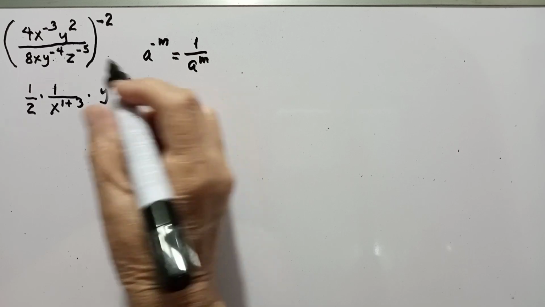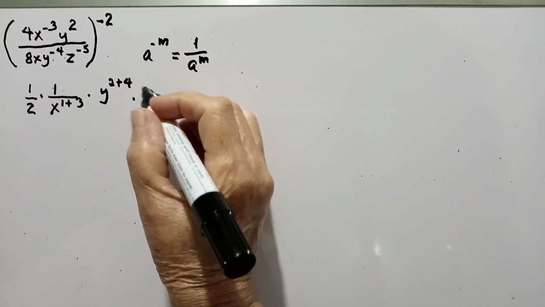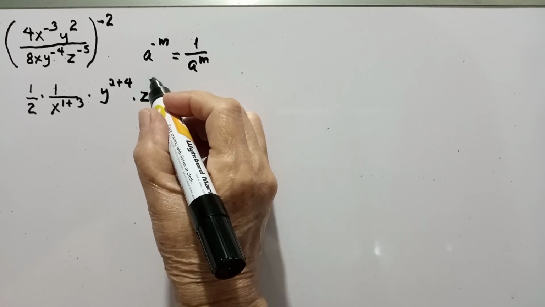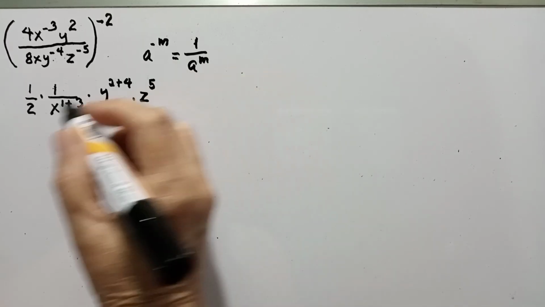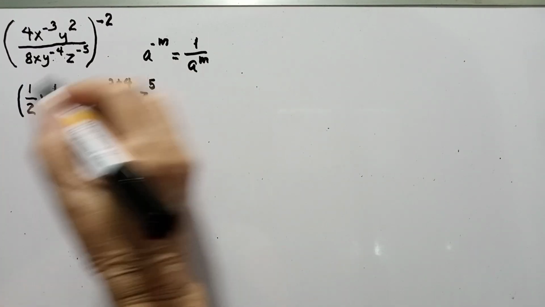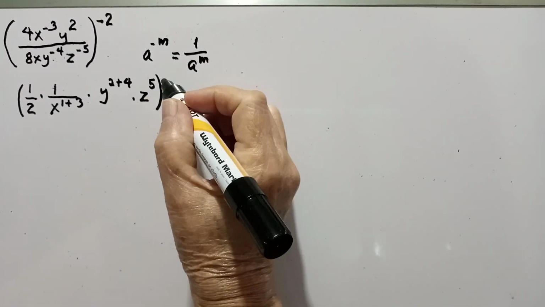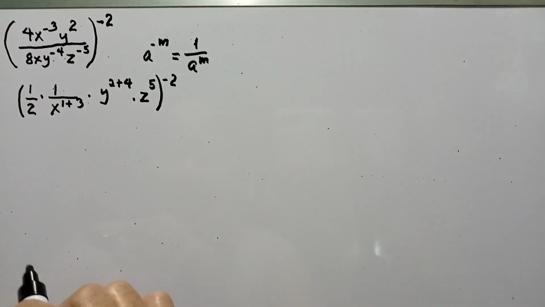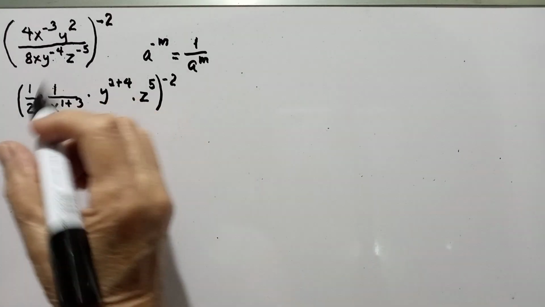And then times, this is negative, so we have z to the positive 5, quantity raised to the negative 2. Okay? Let us simplify this one now.